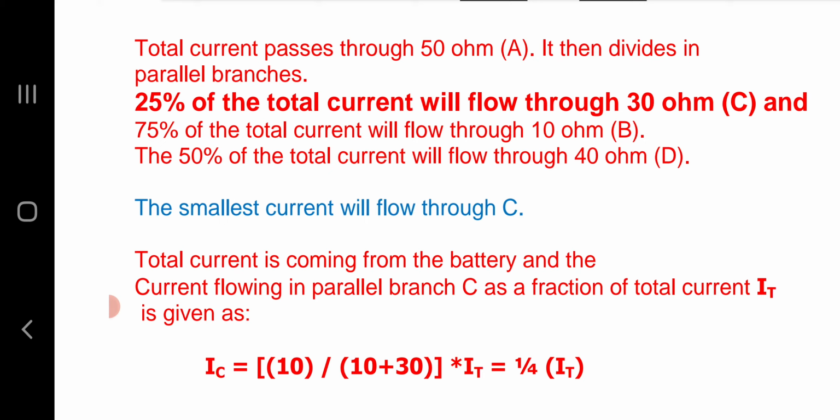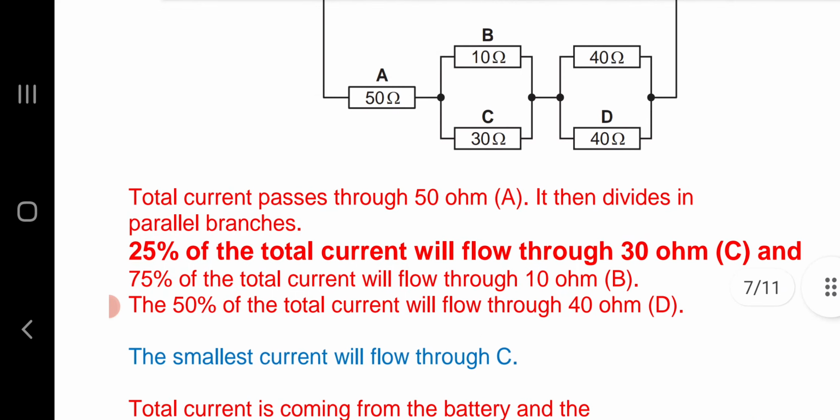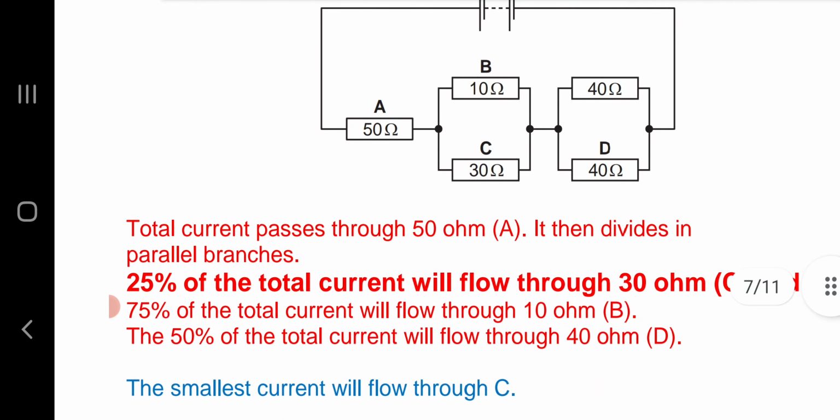So it is IT by 4. So 1/4 of the current is flowing through C, and 3 quarters of the current is flowing through B, and 100% current is flowing through A, and 50% current is flowing through D. So the correct option is option C.